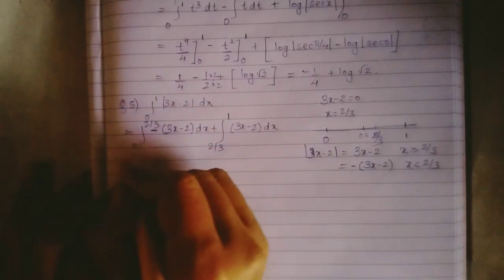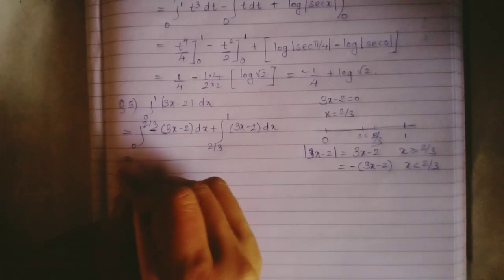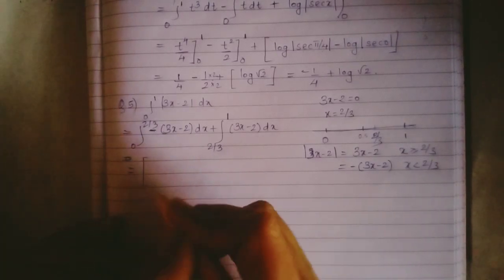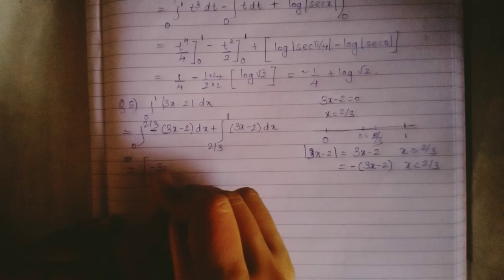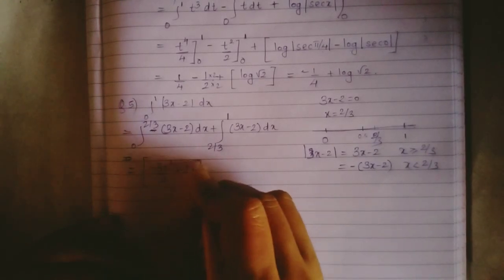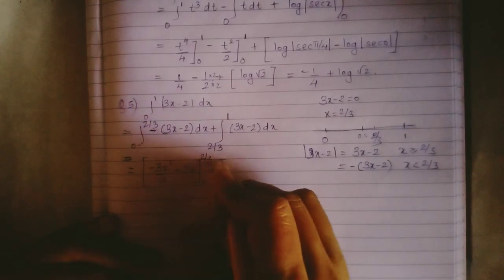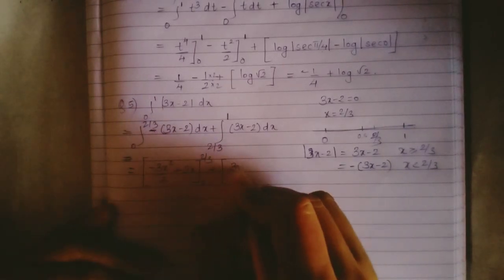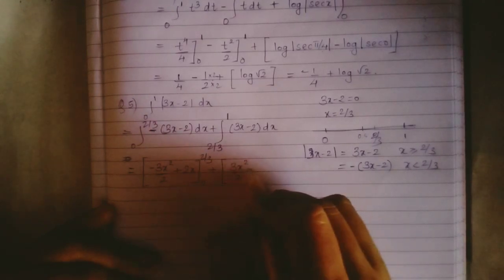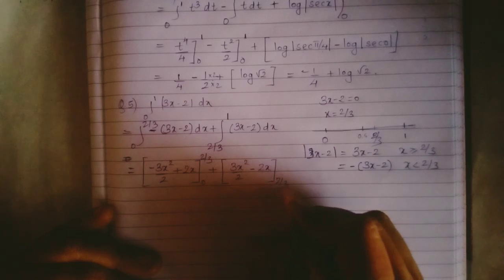Now you can integrate, so this becomes minus 3x square by 2 plus 2x from 0 to 2 by 3, plus 3x square by 2 minus 2x from 2 by 3 to 1.